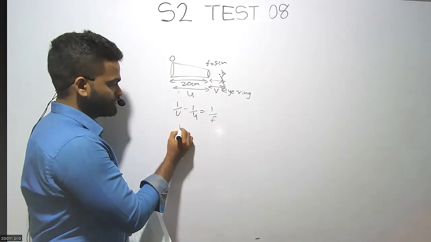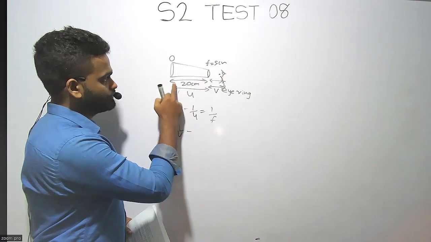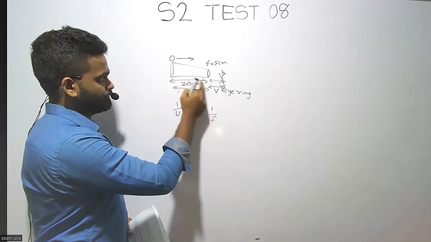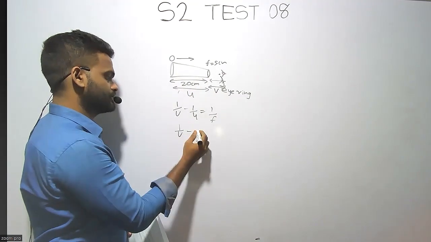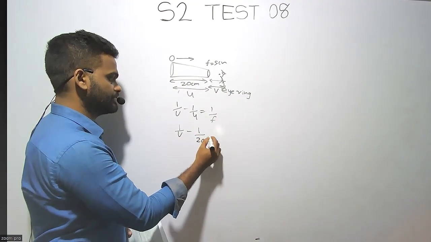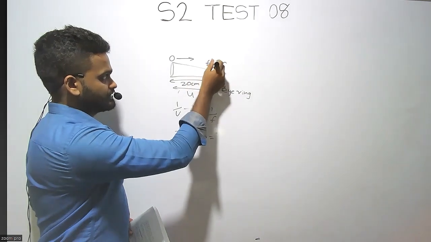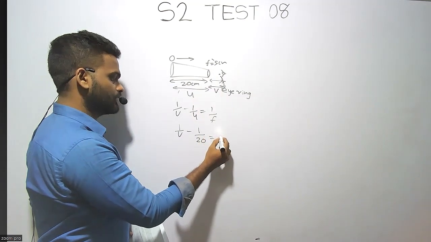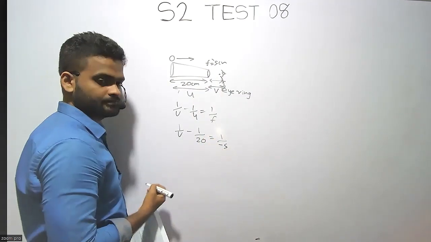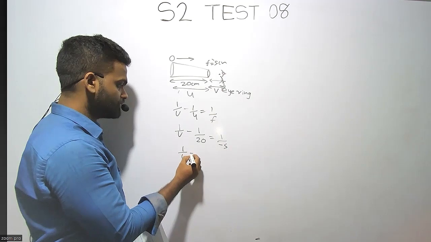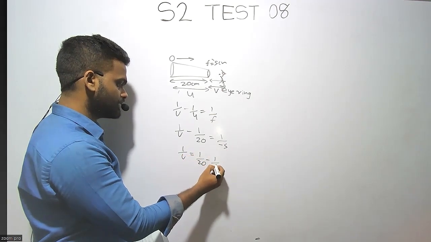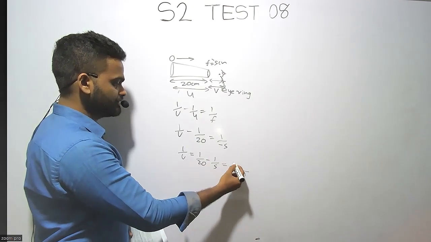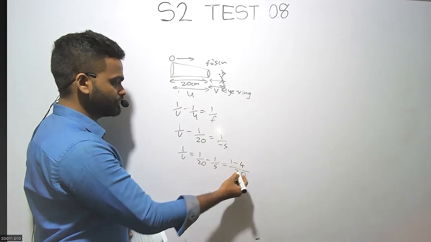Okay, so 1 over V minus 1 over U equals 1 over f. The object is here, so the light is coming from here. It is measured to this side, so U should be 20 centimeters. This is a convex lens, so the focal length should be minus. So 1 over v equals 1 over 20 minus 1 over 5. Take the denominator, 1 minus 4.